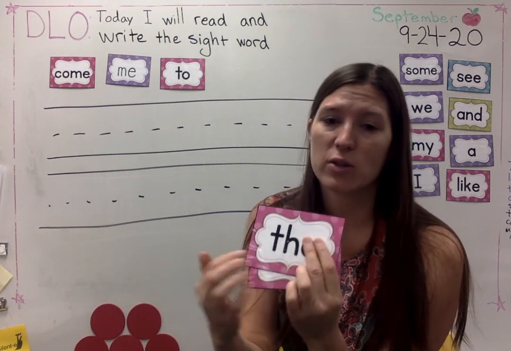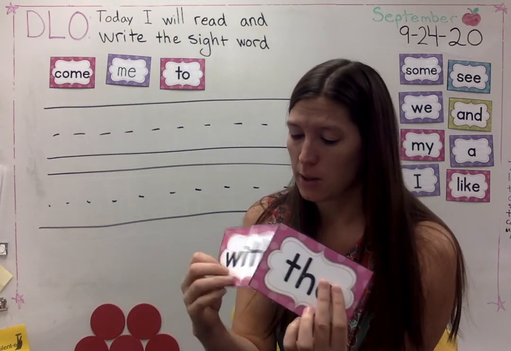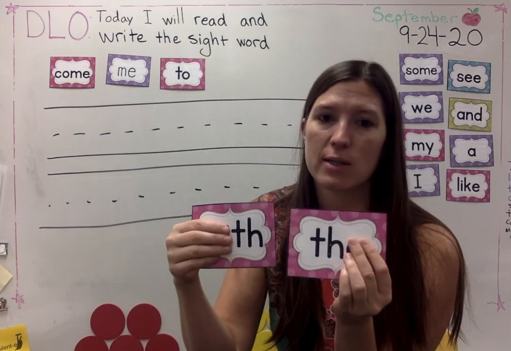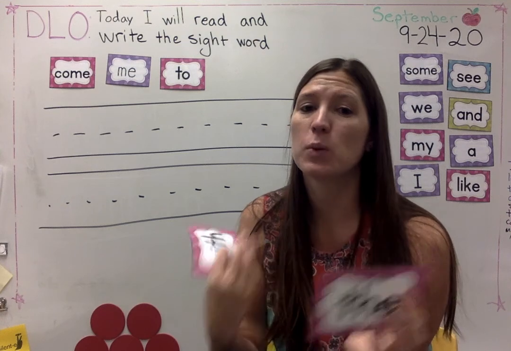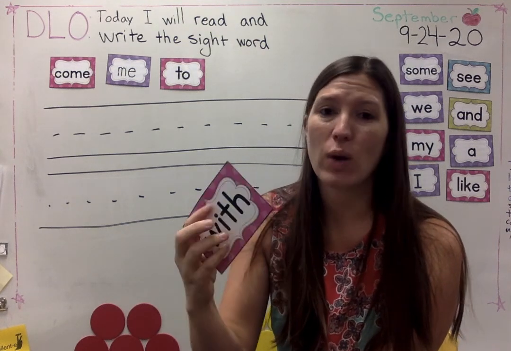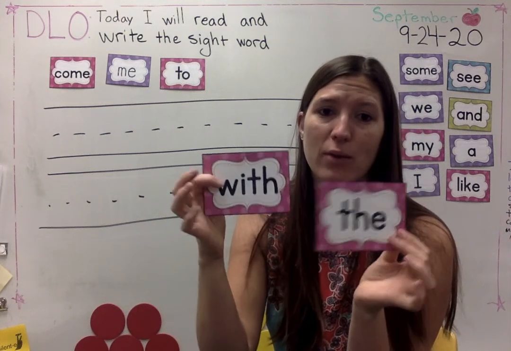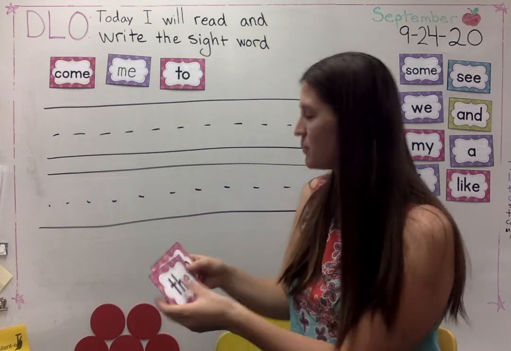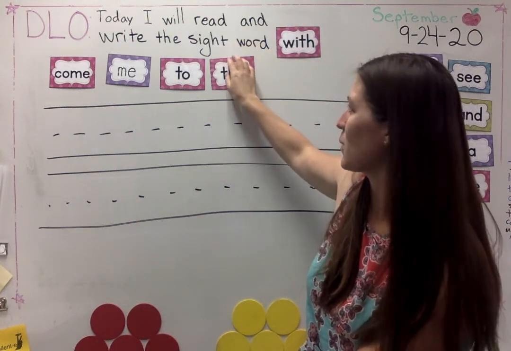And so a digraph is when 2 consonants stand together to make a new sound. And TH is special because it makes 2 sounds. It can say for the, which is voiced. You can hear it. You can feel it vibrating. And then with, where it's just air coming out of your mouth. Fun fact, we'll learn that later in the year. But it only takes a second to talk about it.